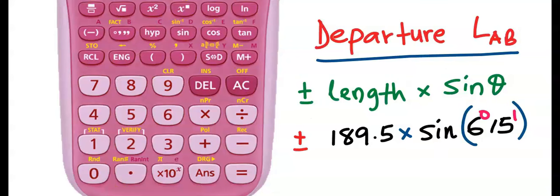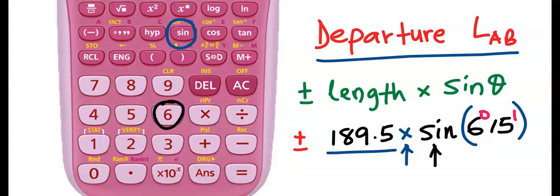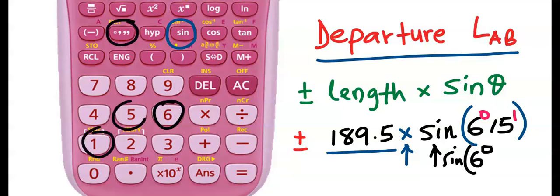To compute this in your calculator, type 189.5, next multiply, next the sine on your calculator, then type 6, which is this, then you press this, next you now type 15 and you press this again. Close the bracket and press the equal sign.